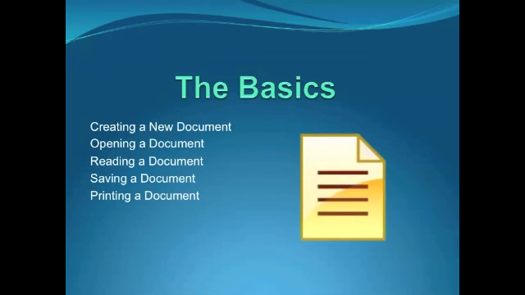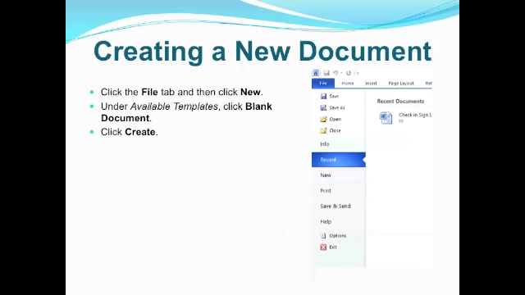Okay. The basics that we're going to be going over are creating a new document, opening a document, reading a document, saving and printing a document. Okay? The first thing is creating a new document. As you can see on the right, I've done a print preview of what the part of one of the pages are.